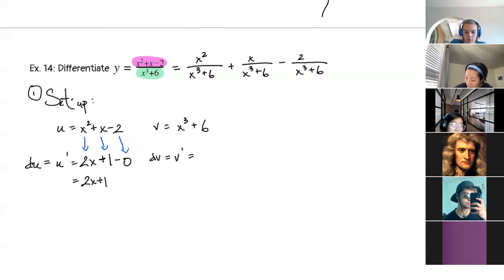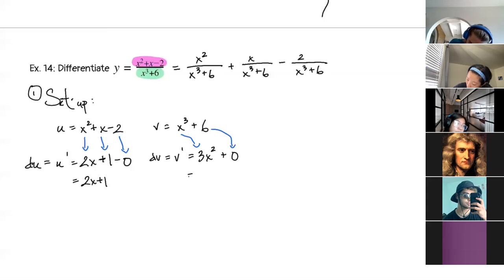All right. What do we get for dv or v prime here? 3x squared. Love it. And again, totally okay to add a plus 0 here if you're like, what happened to that 6? Okay.